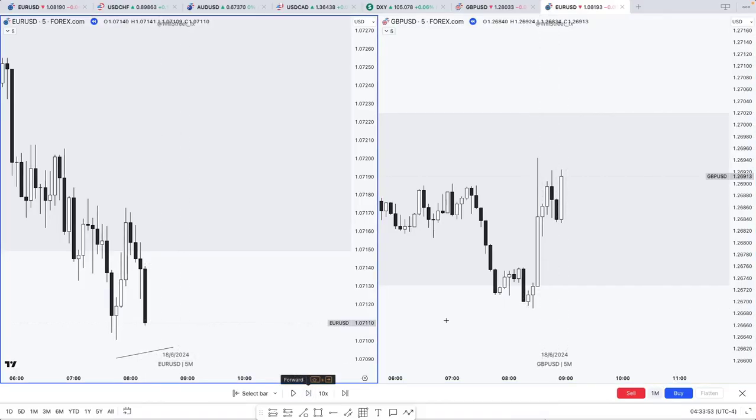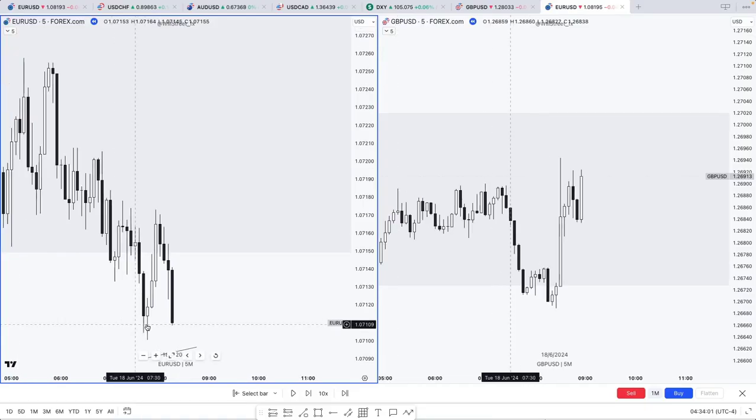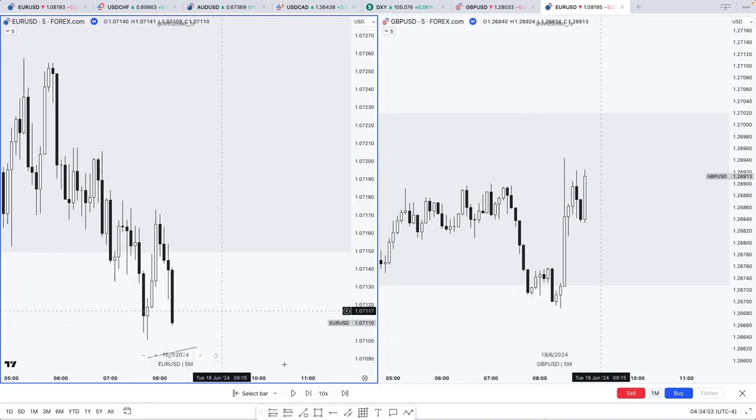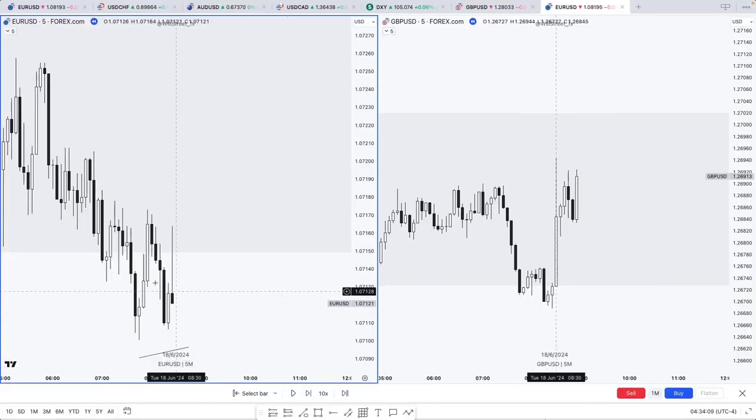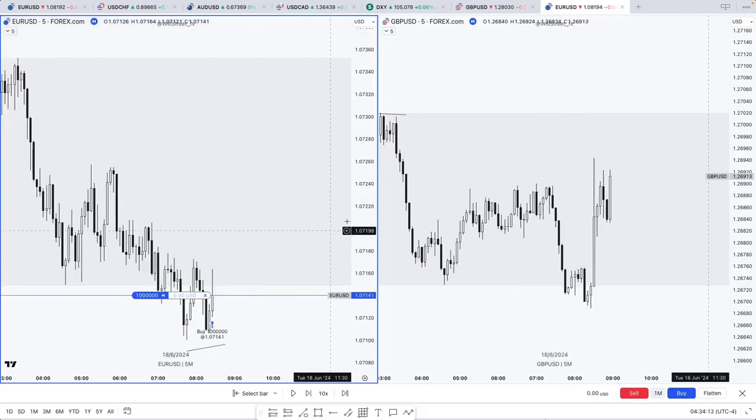Yes, look here. At 15, GBP makes the lower low and EU fails to make the lower low. So we can anticipate what? An SMT. This is 20, 25, and we want to go long before the news.